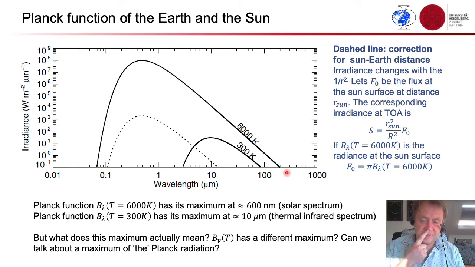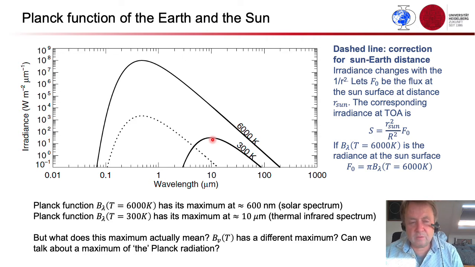The first thing is that the Planck radiation of the sun is always on top of that of the Earth, over the entire spectral range, for sure in the UV, but even where we have our maximum in the thermal emission of the Earth, the sun is 2 to 3 orders of magnitude larger than the signal coming from the Earth.